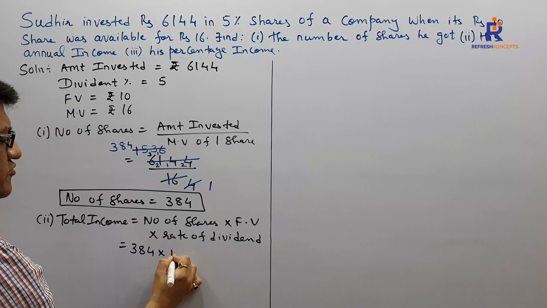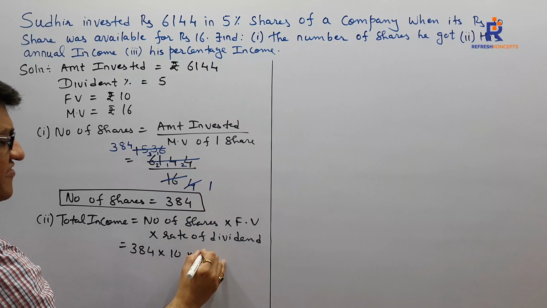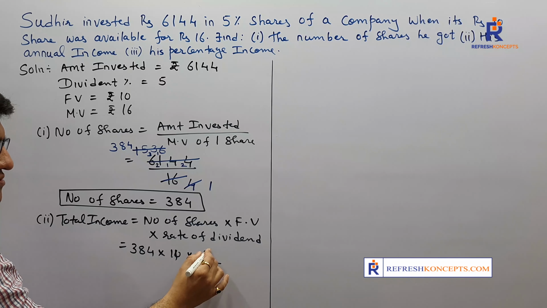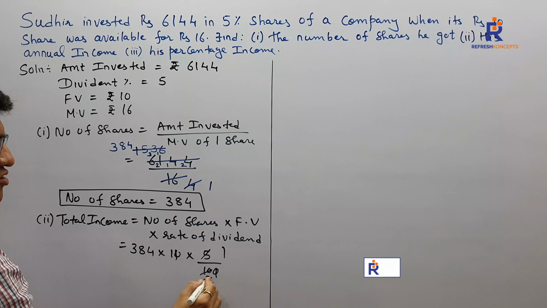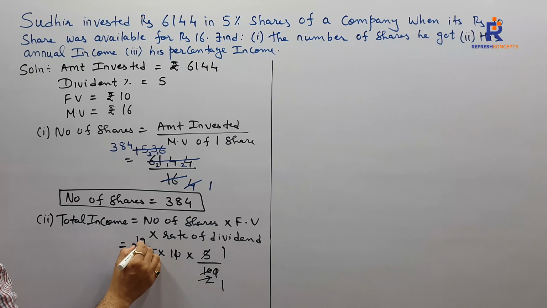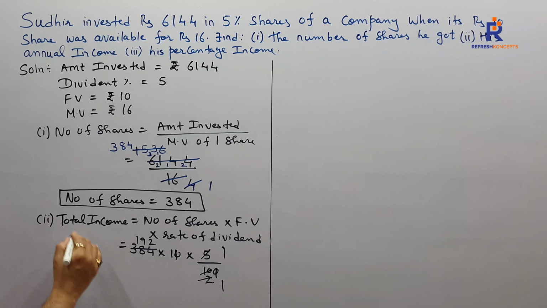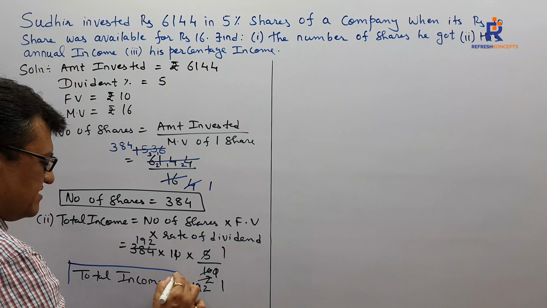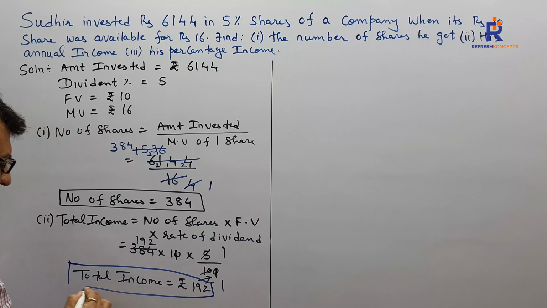What is the face value? 10. What is the rate of dividend? 5%, 5 by 100. 1 goes 1 times, 2 times. 2 ones are 2, 192. So total income is rupees 192.